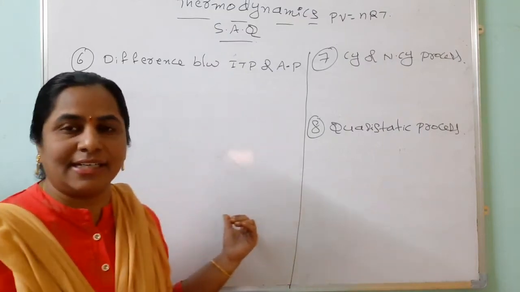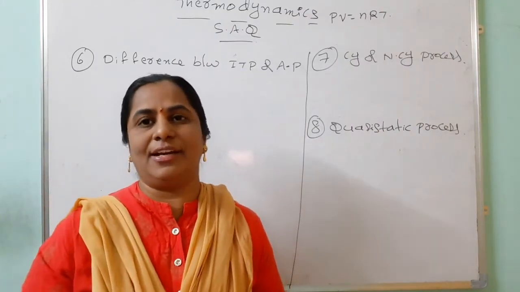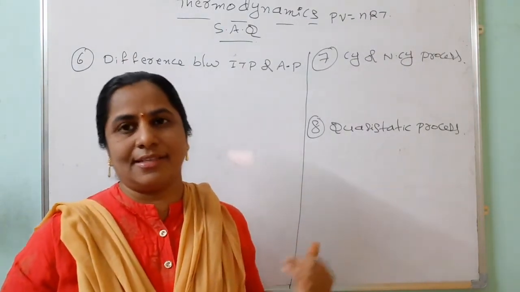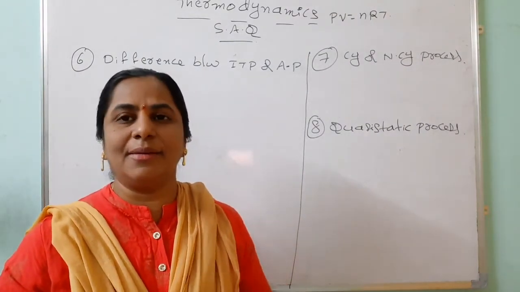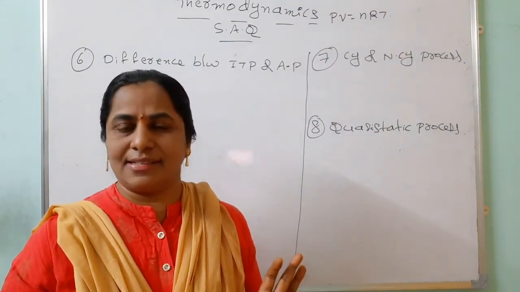Here a good conducting material is used, but here bad conductors are used. On the isothermal side, gases obey PV equals constant, Boyle's law, and on the adiabatic side, PV power gamma equals constant. It's a very simple answer. Try to understand this one.